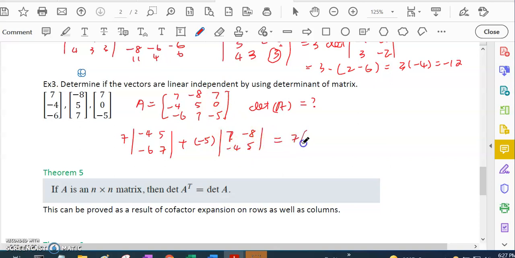So it'll be 7 times -28 plus 30, minus 5 times 35 minus 32. So that is equal to 2 times 7, 14, minus 5 times 3. So 14 minus 15, that is equal to -1.